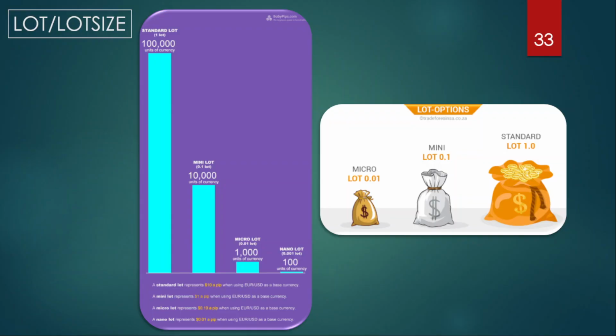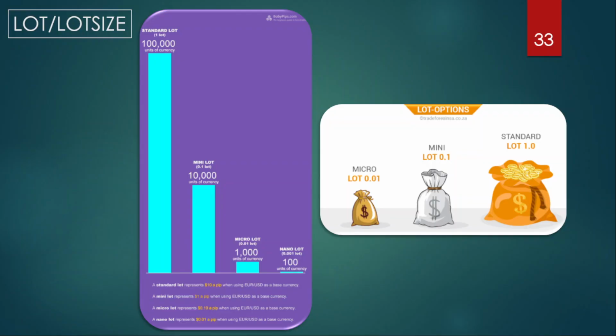Then lot sizes like 0.01, 0.02, all the way up to 0.09 are called mini lots, which represent 10,000 units.